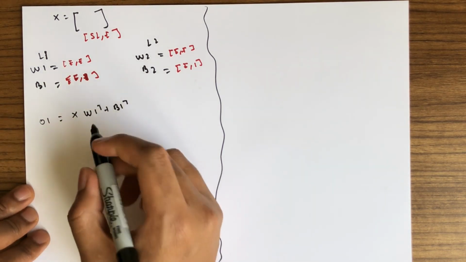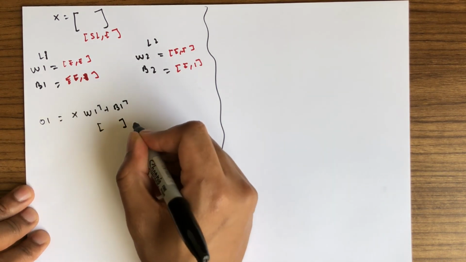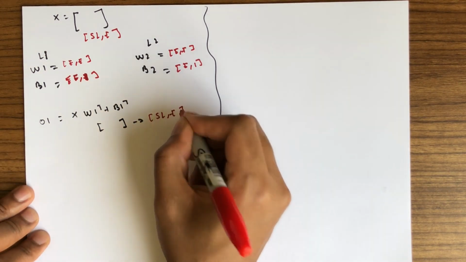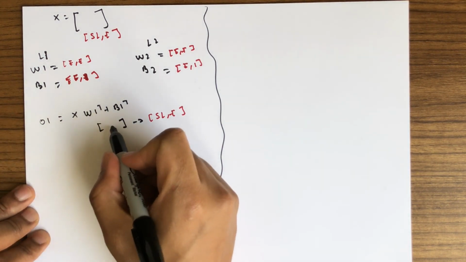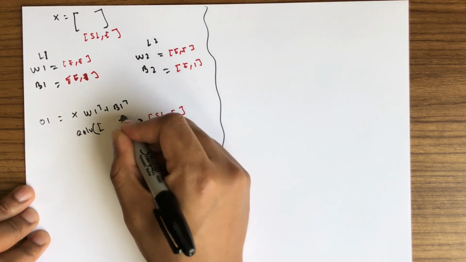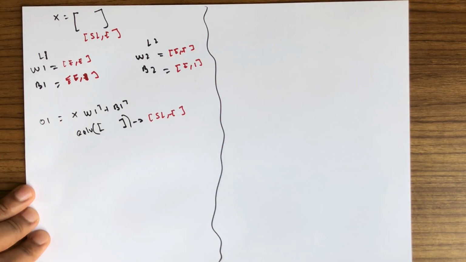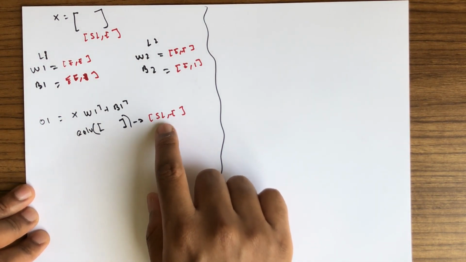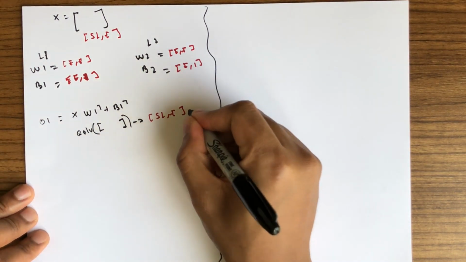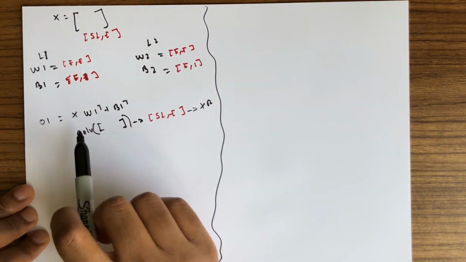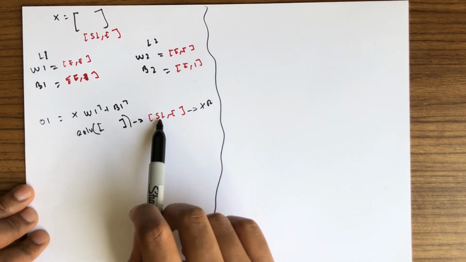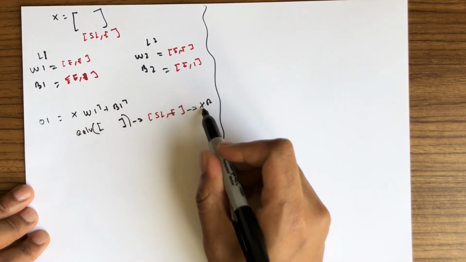We know the dimension, so we'll end up with a tensor that has a dimension of SL by E. This output will go into a ReLU activation function to get another tensor that also has a dimension of SL by E. ReLU doesn't change the dimension. I'm going to call this XR.